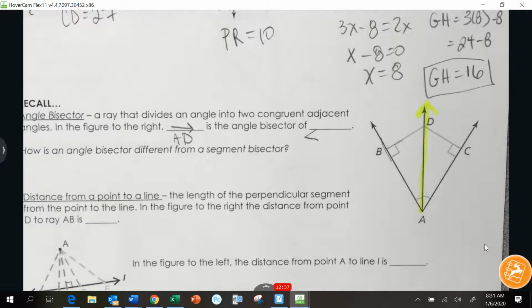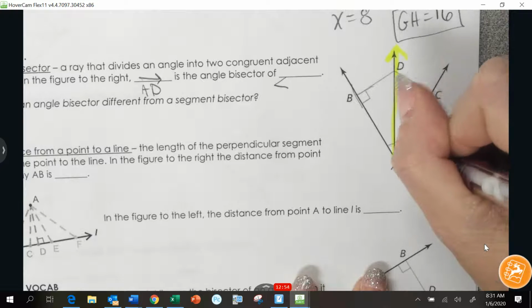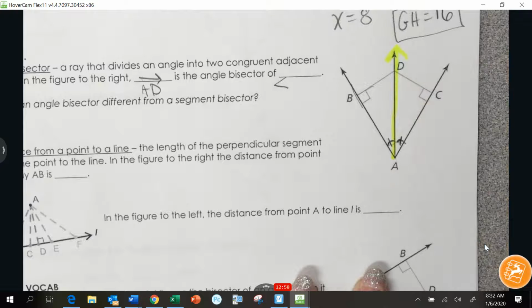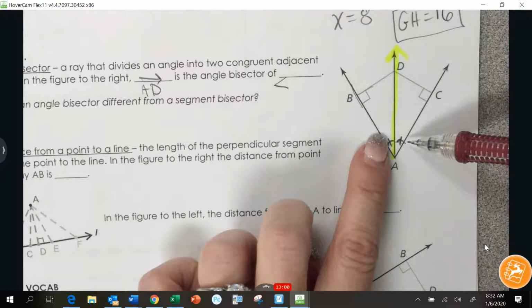AD is touching one of the angles. Which angle is it? What letter is it touching? C. This yellow part is not touching C. A. It is touching A. And then down here it has these two markings, which I'm making even bigger, showing that these are congruent.